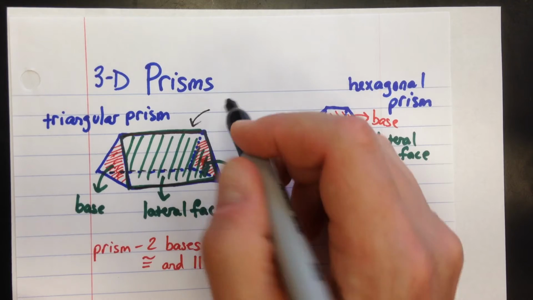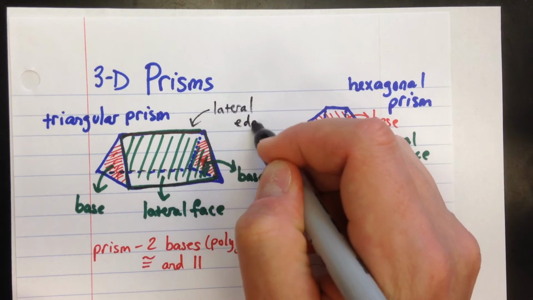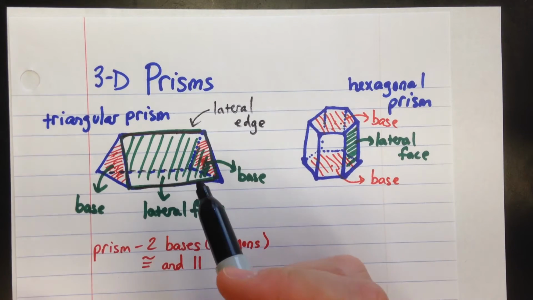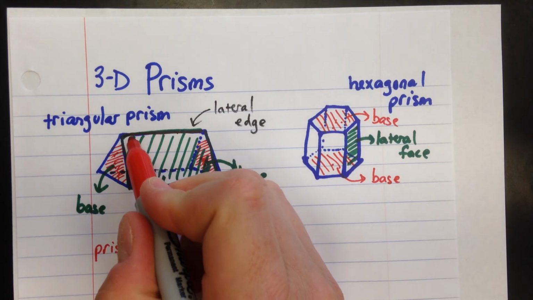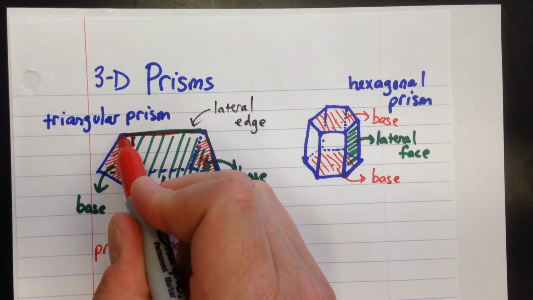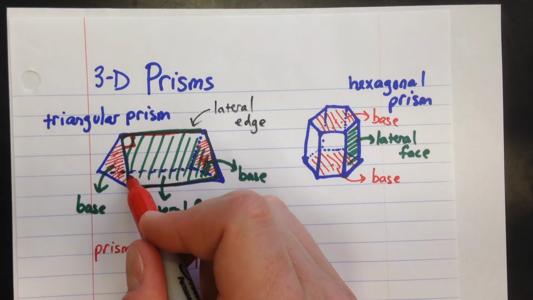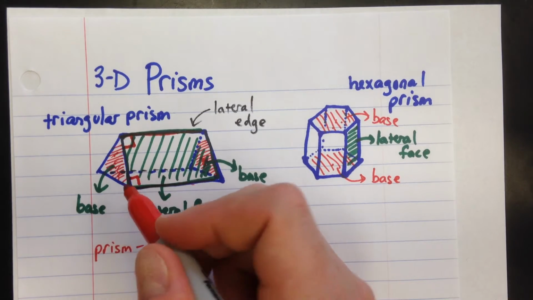So here's an example of a lateral edge. That is the distance between the bases. Typically we'll be dealing with right angles here. So where this edge is perpendicular to the base, it creates a 90. Or down here, it creates a 90, where that lateral edge connects to the base.